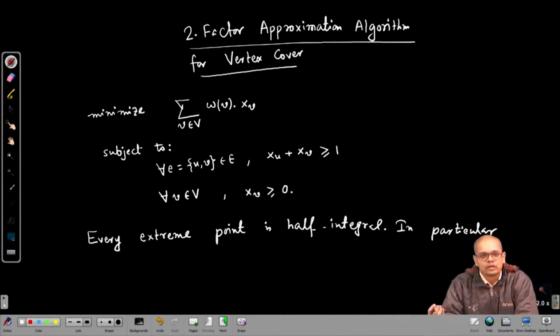Now, typical algorithms for finding the optimum solution for a linear program output an extreme point.